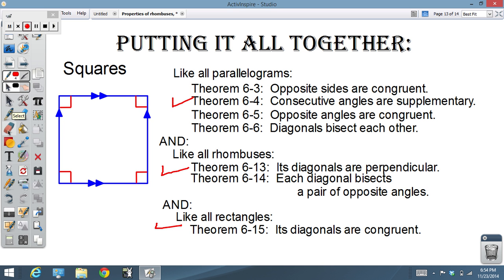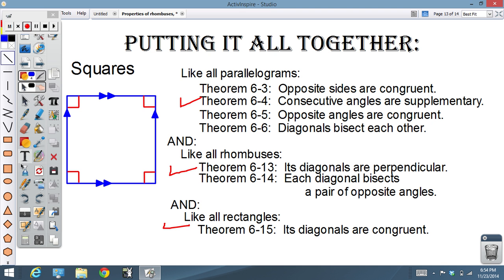All right, let me make this one a little bit prettier. The diagonals are both congruent. All four of these are the same.